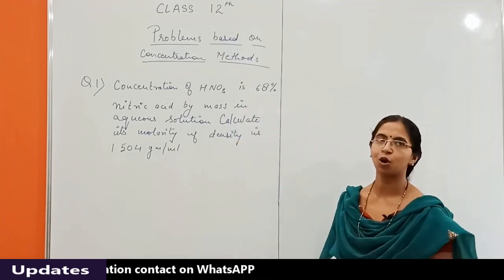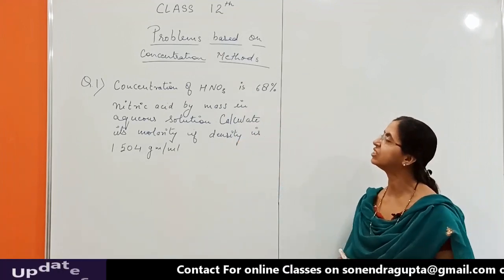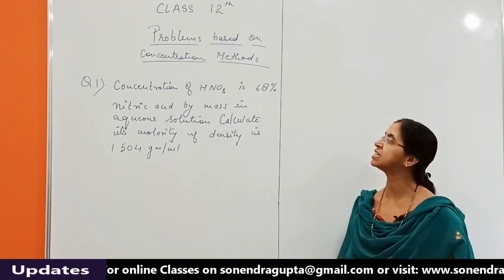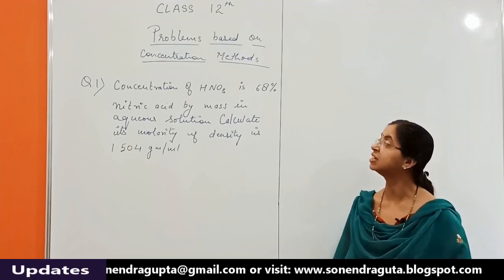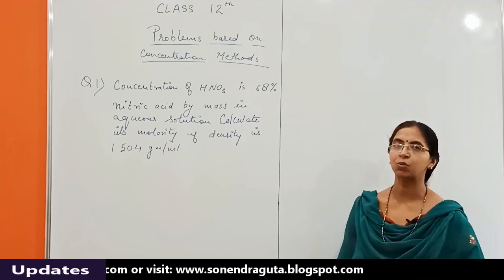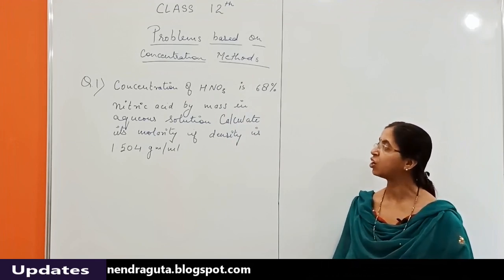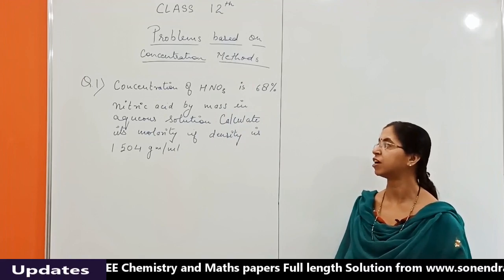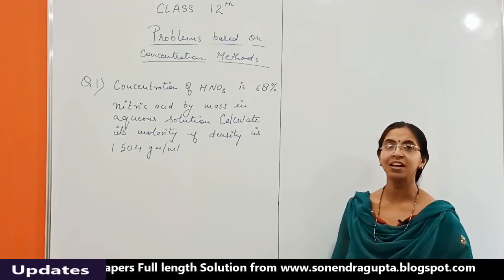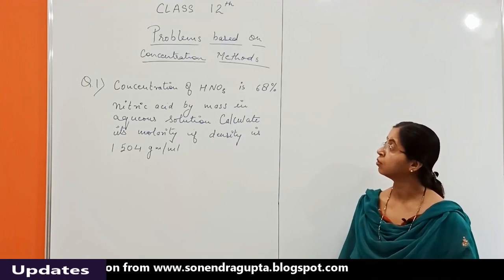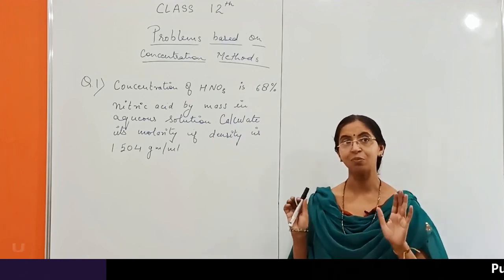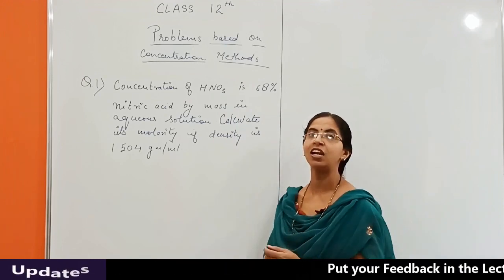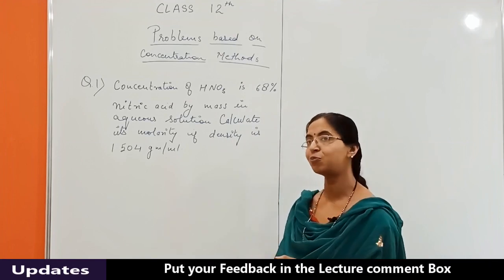So our first problem is that the concentration of HNO3 is given as 68% nitric acid by mass in aqueous solution. Calculate its molarity if the density is 1.504 gram per ml. So we have to calculate molarity. First of all, let us write the formula of molarity.